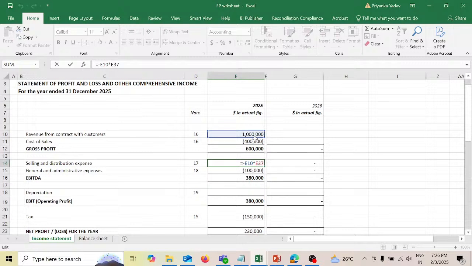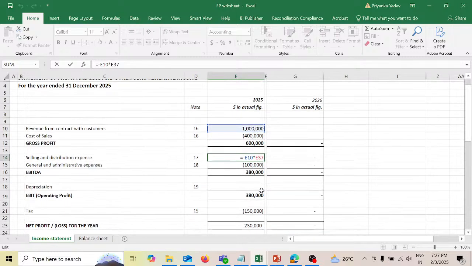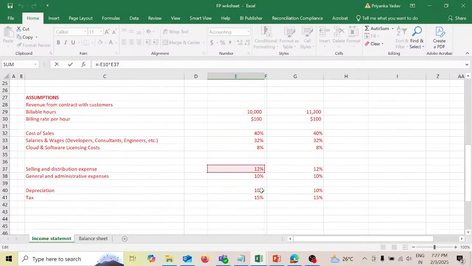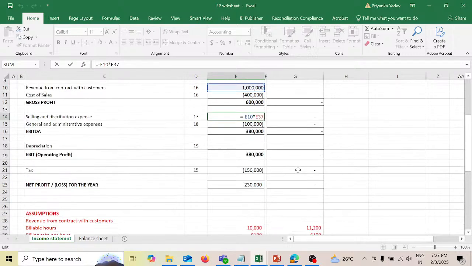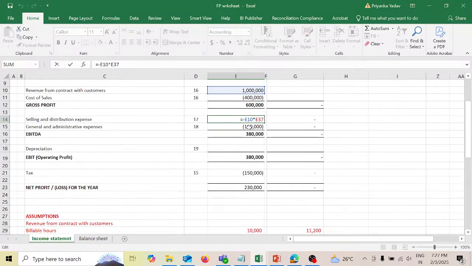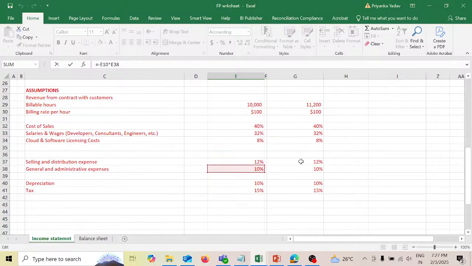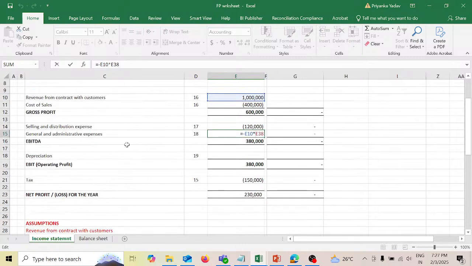If you want to check, 12% of your revenue is your selling and distribution expenses. And for general and administrative expenses, again, you can find 10% of the revenue is calculated.